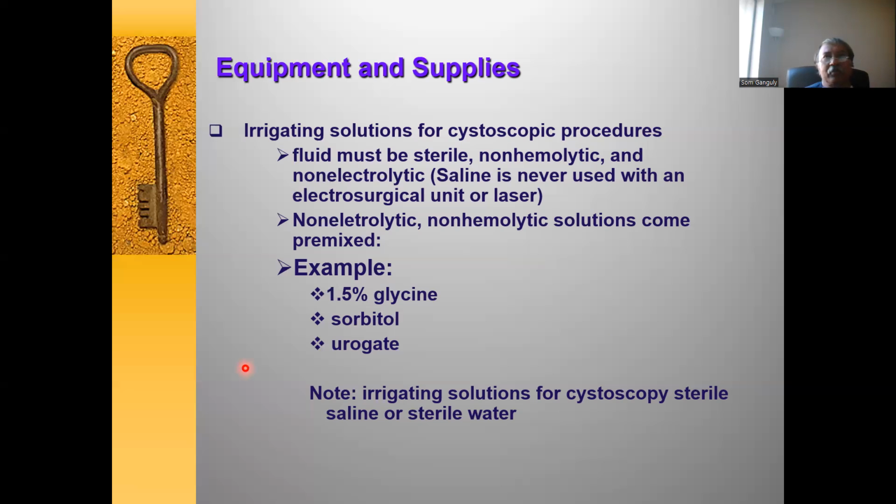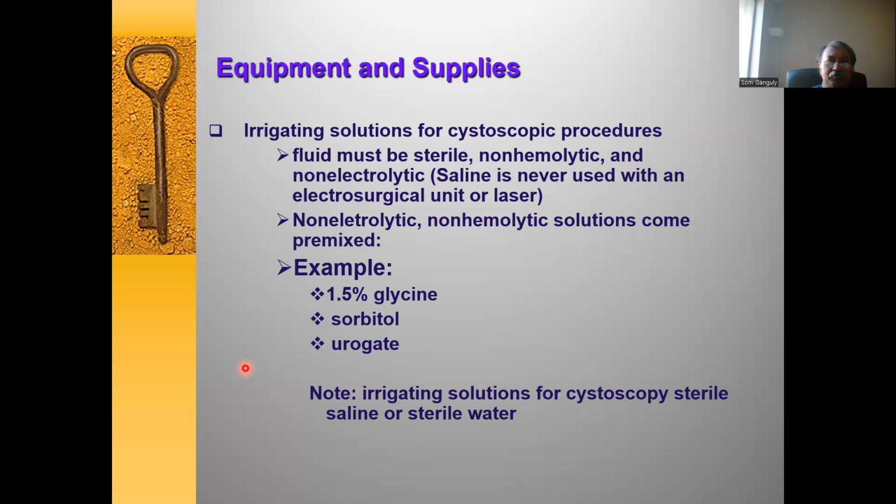So non-electrolytic, non-hemolytic solutions are available in a large 3000 cc bag. Examples are 1.5% glycine, sorbitol, or irrigate. These three irrigations are perfect for any diagnostic or any cystoscopic procedure.